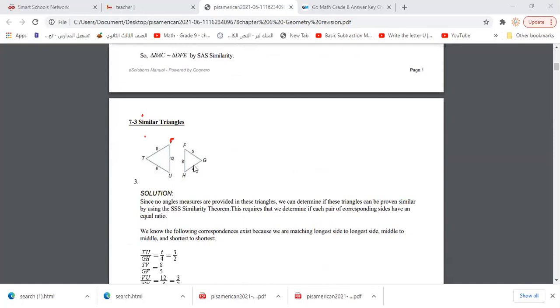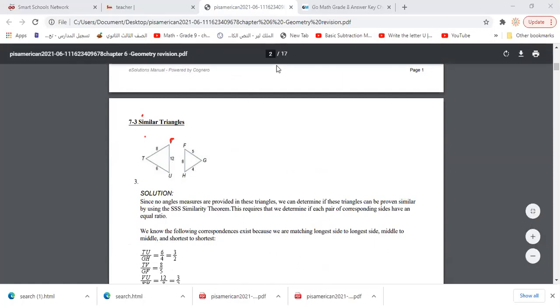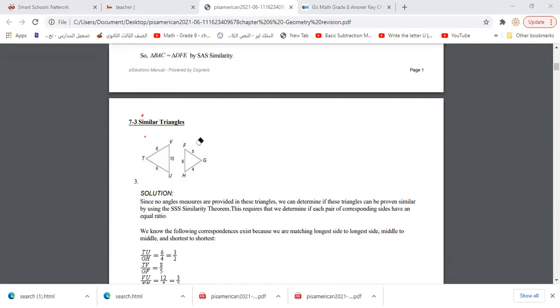Okay? Third, are those two triangles similar? Did he give us any information about the angles? No. Then for sure we are going to deal with sides, right? Then we will find each side and its corresponding one. We have TU over GH, which is 6 out of 4, equal to 3 out of 2.